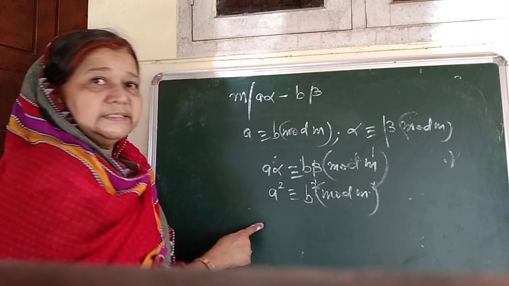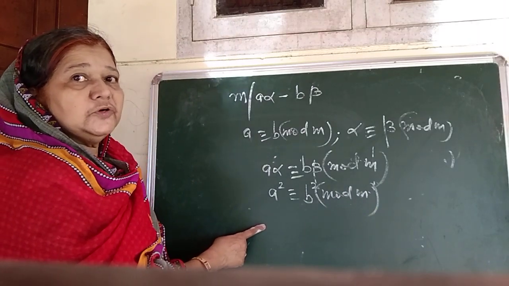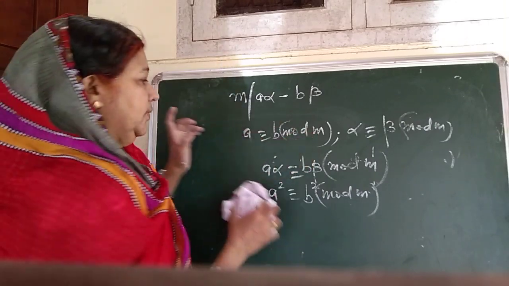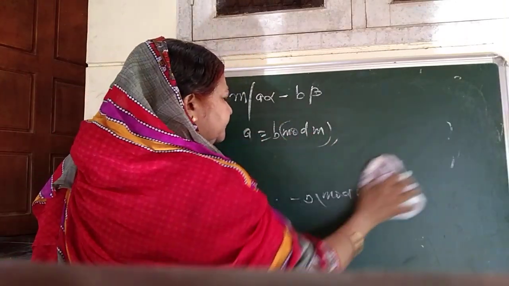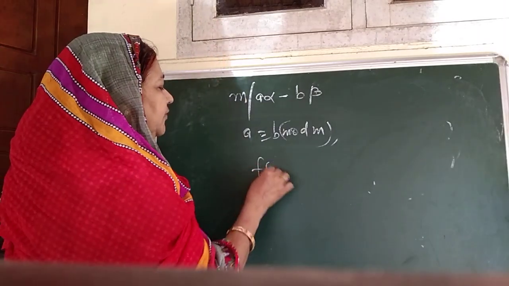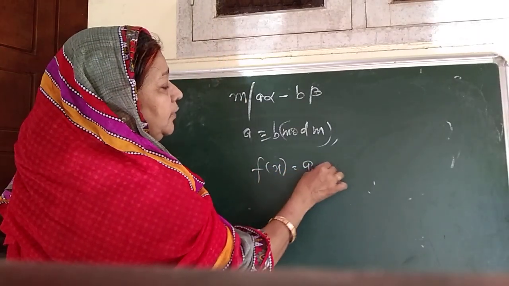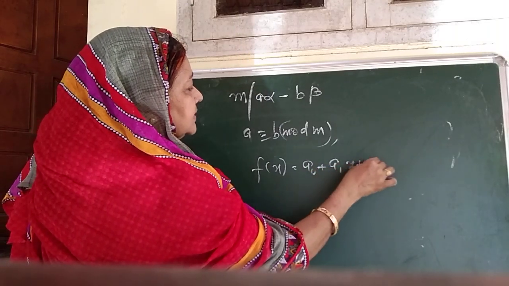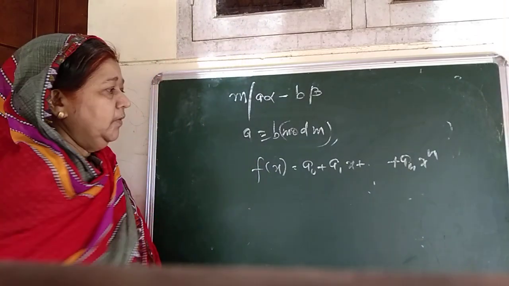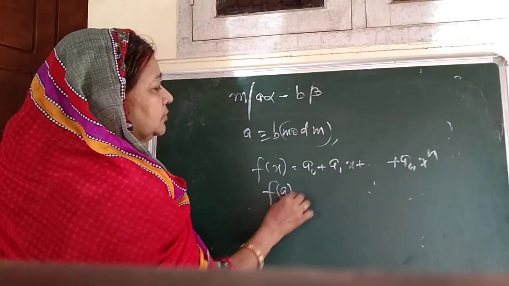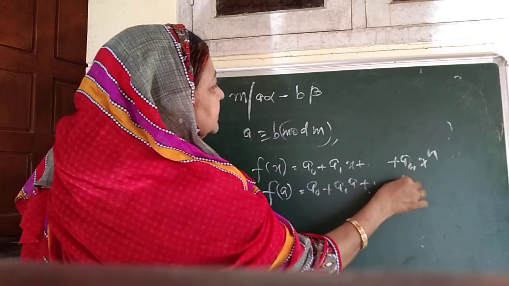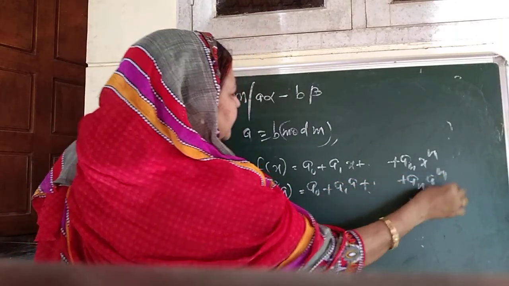Similarly, we can see that a raised to n is congruent to b raised to n if a is congruent to b mod m. Then, if f of x equals a naught plus a1 x plus etc. plus an x raised to n, we have f of a equals a naught plus a1 a plus etc. plus an a raised to n.